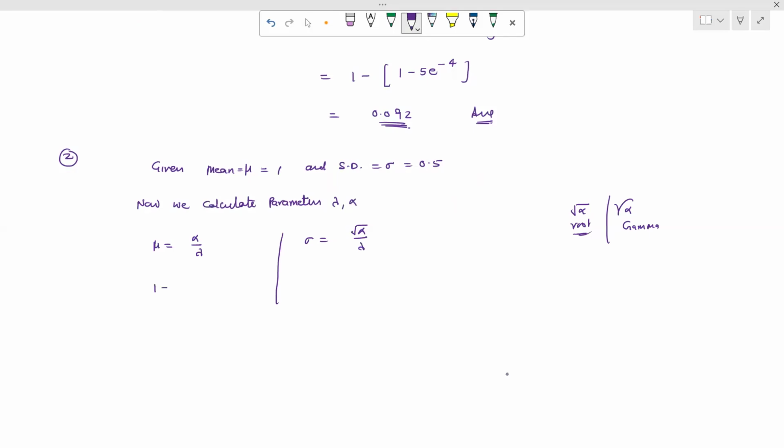So the mu value is 1, so 1 is equal to alpha upon lambda, and this value 0.5 is equal to root alpha upon lambda. So this gives us alpha equal to lambda.